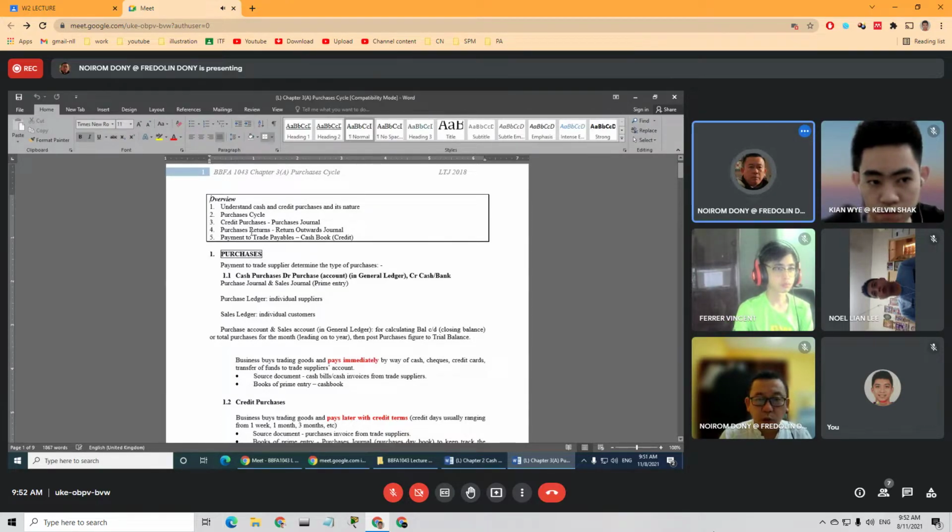These are the goods returned back by the business to the supplier. The prime entry for purchases return will be return outward journal, outward meaning going out from the business to the supplier. Payment to trade payable, then the prime entry will be cash book.